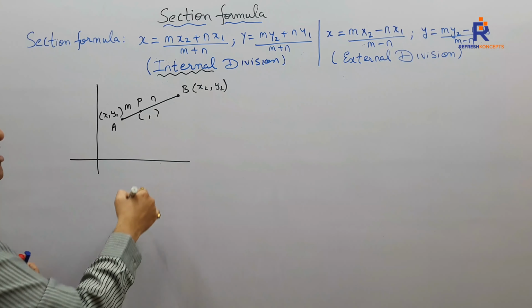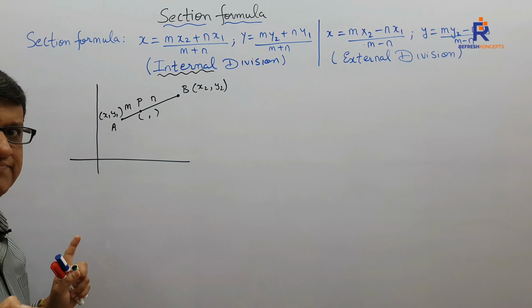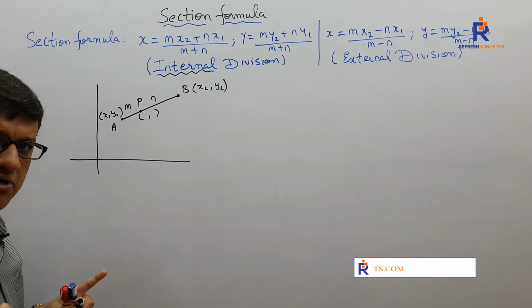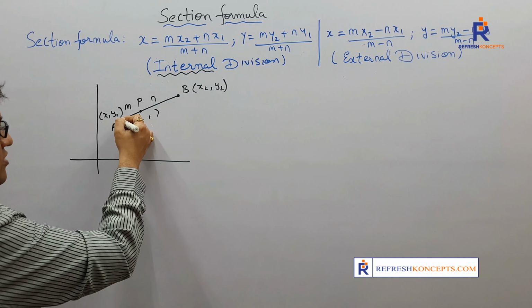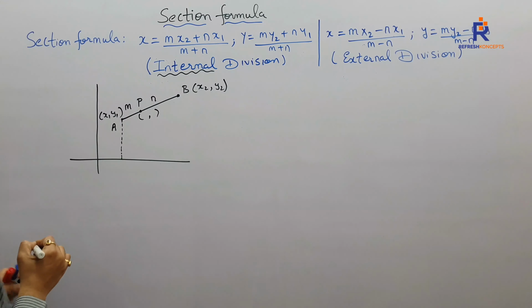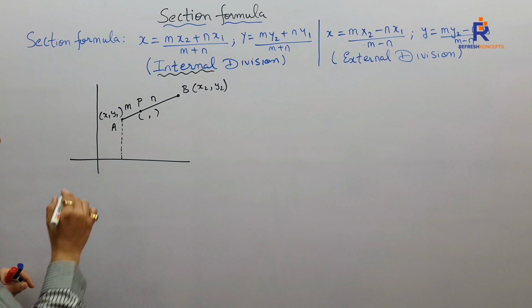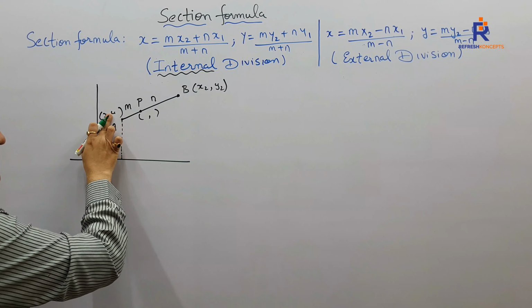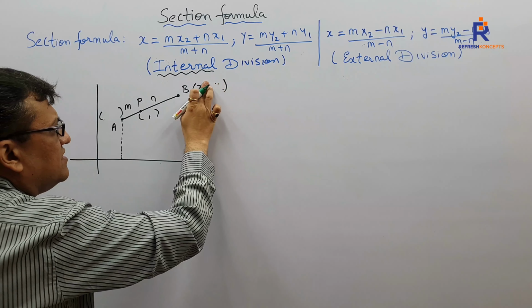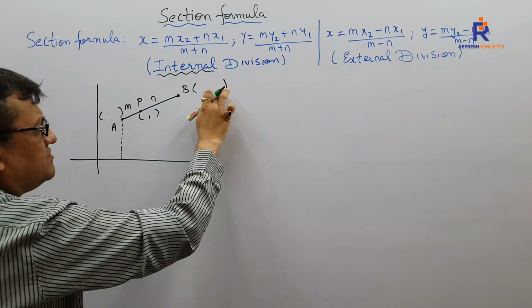So as of now, I'm making you understand how we find out the x coordinate. If I make you understand the x coordinate, on the same lines, the y coordinate can also be found out. So let's drop a perpendicular. Let me not say x1, y1 as of now. Let it come by its own.